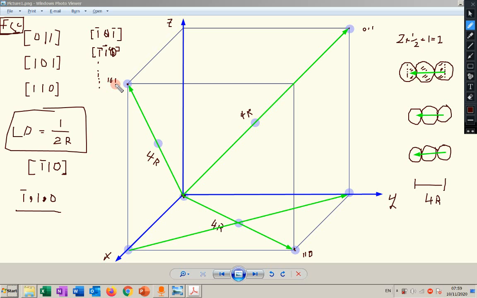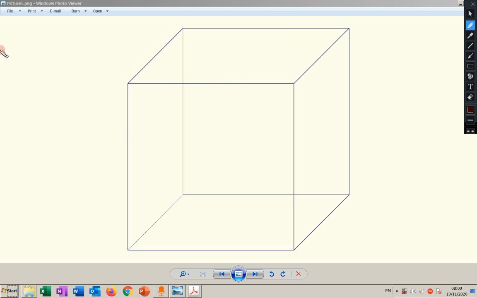Let's do one with a minus as well. I'm going to clear this board. I'll do minus 1, 1, 0. Now let's assume the origin somewhere accordingly, because we have minus 1 for x.